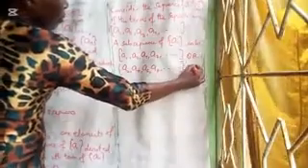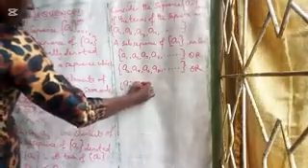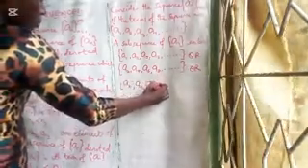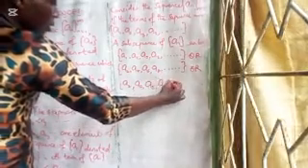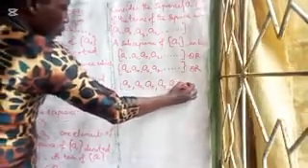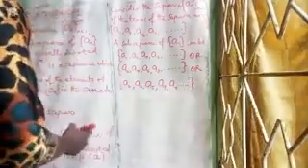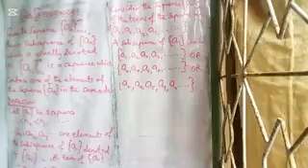I can have a2, a3, a5, a9, a11, and it continues like that. These are some of the terms in the original sequence a sub n, but they have maintained the order of the original sequence.